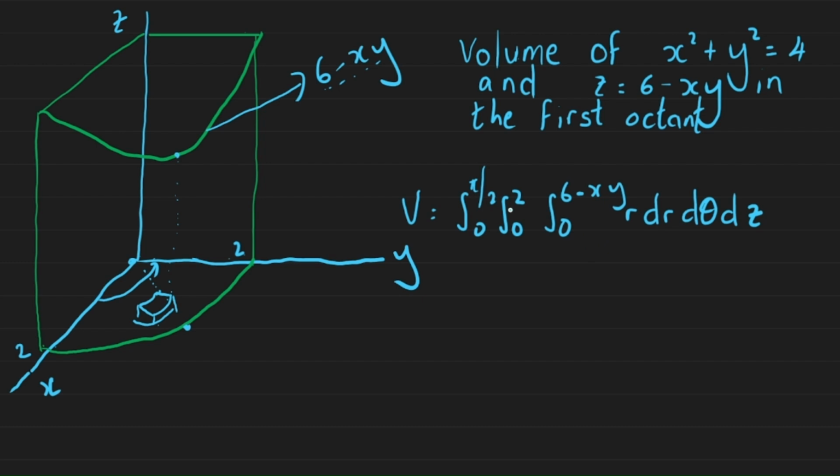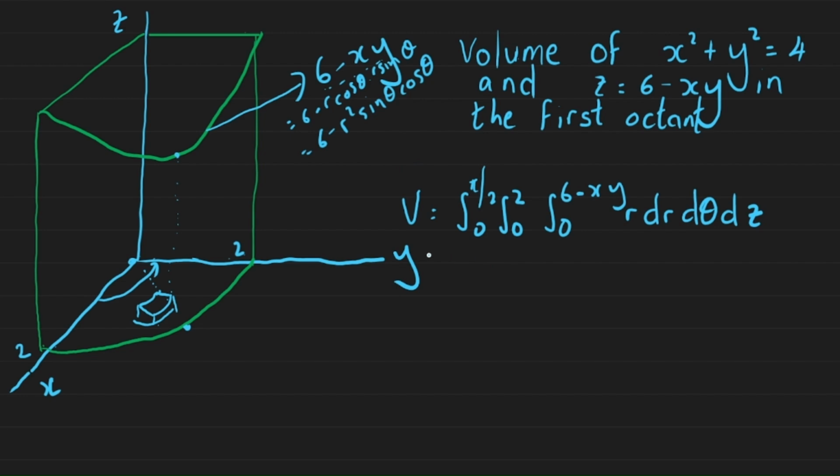We would remember that x is equal to r cos theta and y is equal to r sin theta. So 6 minus xy is simply equal to 6 minus r cos theta times r sin theta. And this is just equal to 6 minus r squared sin theta cos theta.